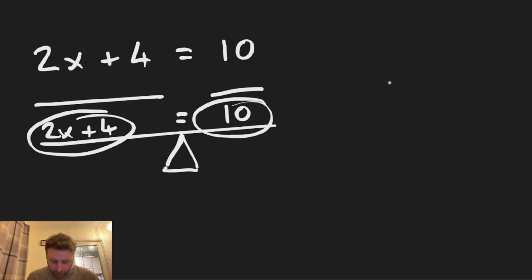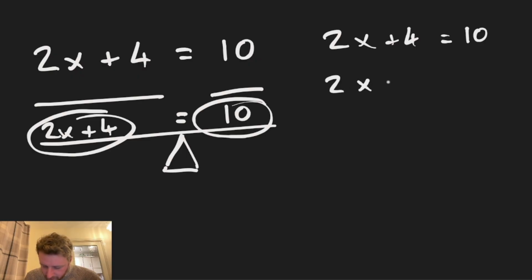So let's, for example, say I take my equation, 2x plus 4 over here is equal to 10. And I decide that I'm going to add 1 to the right side. So if I rewrite that, what you can see, I've got 2x plus 4 is equal to 11.